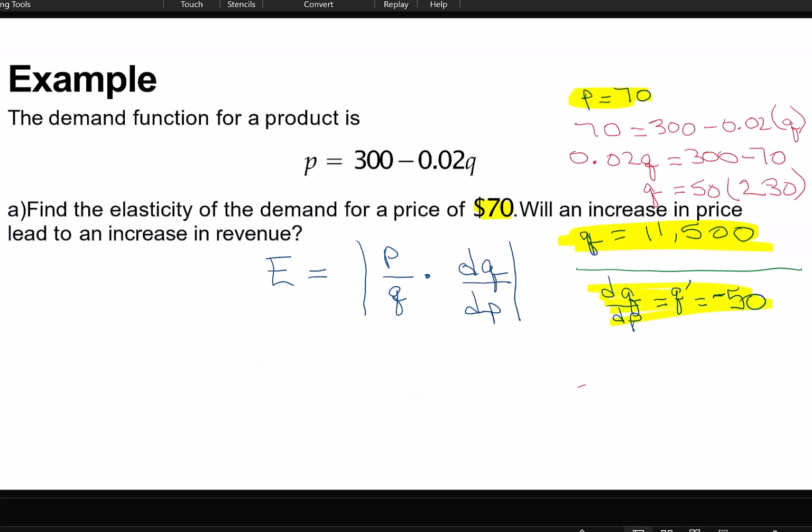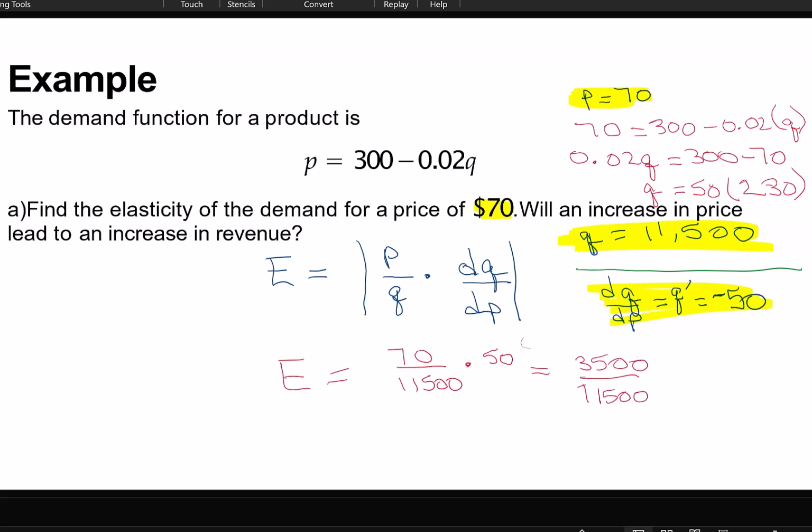So my elasticity is equal to the absolute value of P over Q times 50. Nothing's negative. I can take away my absolute value. This is going to equal 3,500 divided by 11,500.